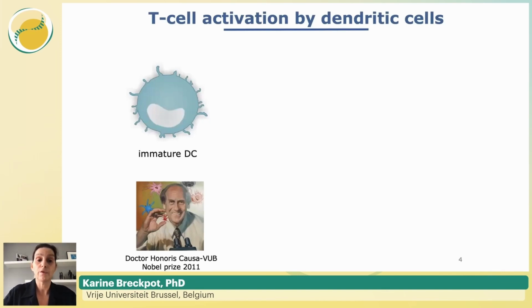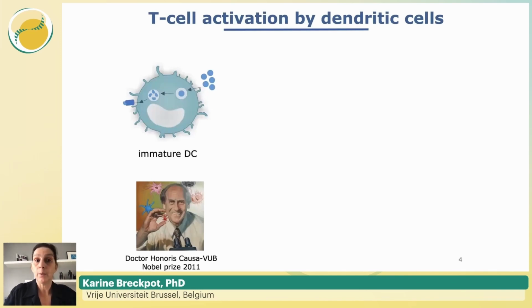Dendritic cells were first described by the late Ralph Steinman, who you see here on this picture holding a dendritic cell. And these dendritic cells, when they are immature, can actually take up antigens, and these antigens can then be processed into smaller peptides for presentation on these so-called MHC molecules.